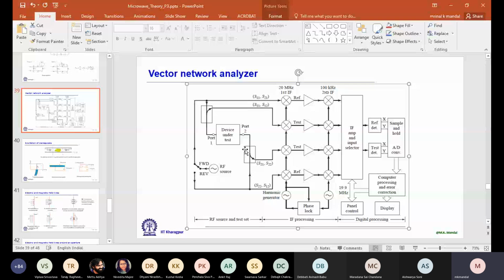This procedure is called calibration. For every measurement, first we do this calibration for an accurate result. And once it's done, the calibration is loaded from the computer, and then we put the device under test. Well, so vector network analyzer is the instrument which can directly measure complex scattering parameters.